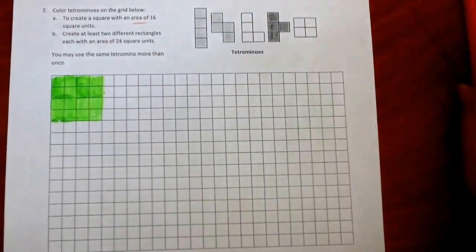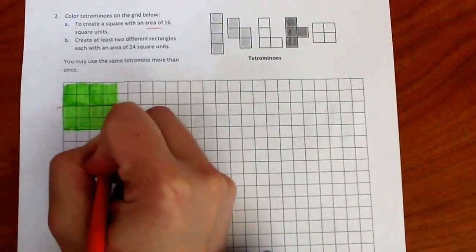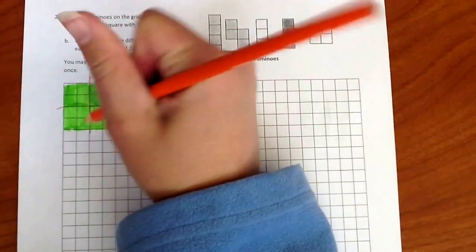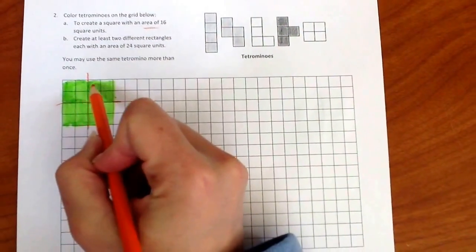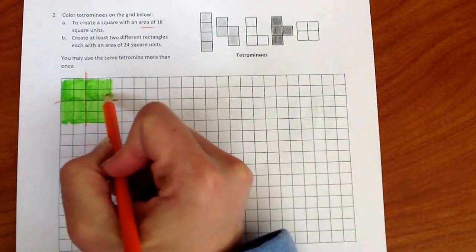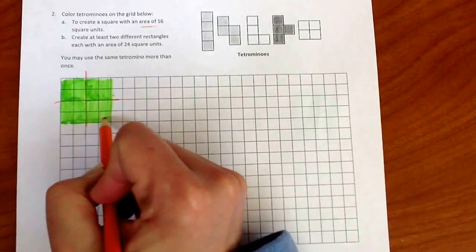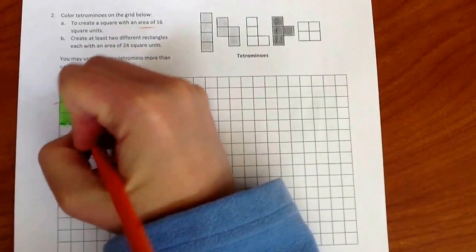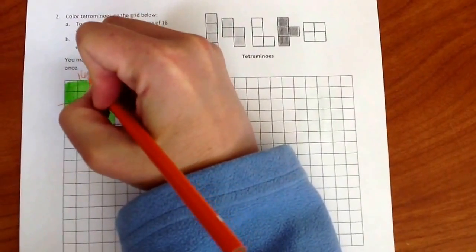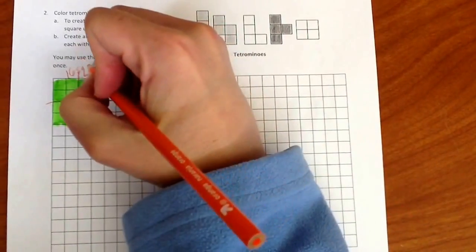Let me draw those out so you can see them separately here. So I have 1, 2, 3, 4, 5, 6, 7, 8, 9, 10, 11, 12, 13, 14, 15, 16. This is 16 square units.